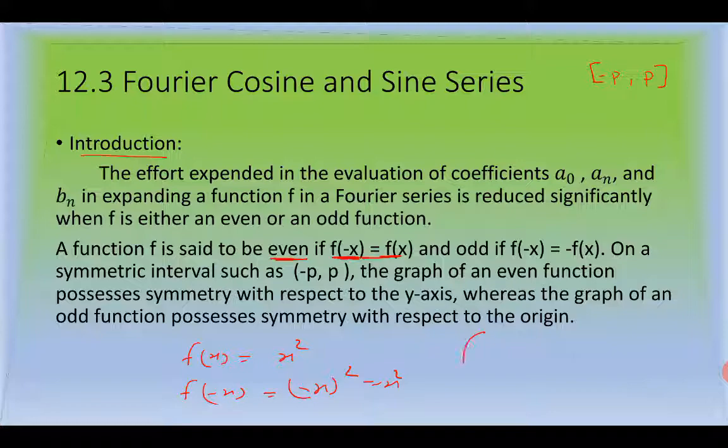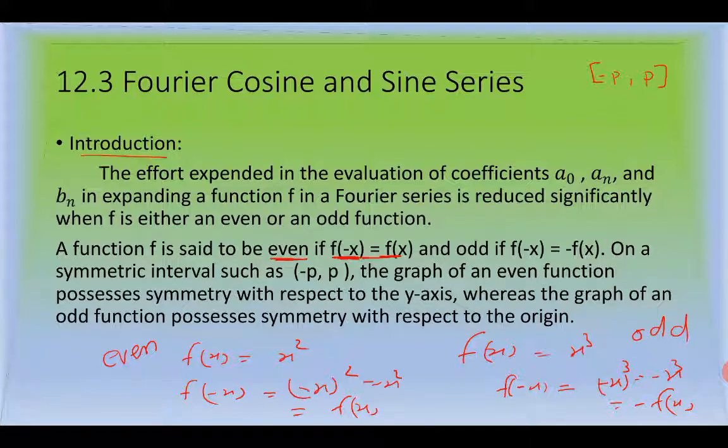But f of x equals x power 3 is an odd function. f of negative x is negative x whole cube, which is negative x cube, which is negative times f of x. That's the difference between odd and even functions.